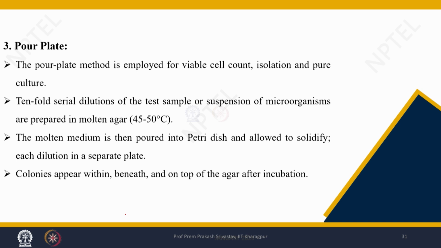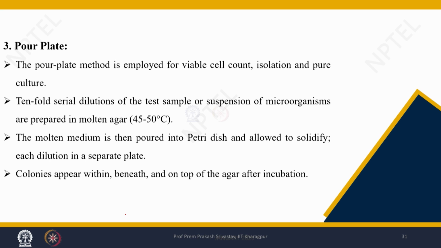Now, the pour plate. The pour plate method is employed for viable cell counts, isolation and pure culture. 10-fold serial dilutions of the test sample or suspension of microorganisms are prepared in molten agar at a temperature of 45 to 50 degrees Celsius.